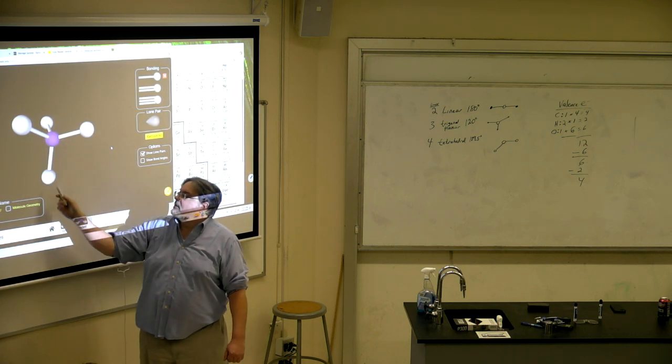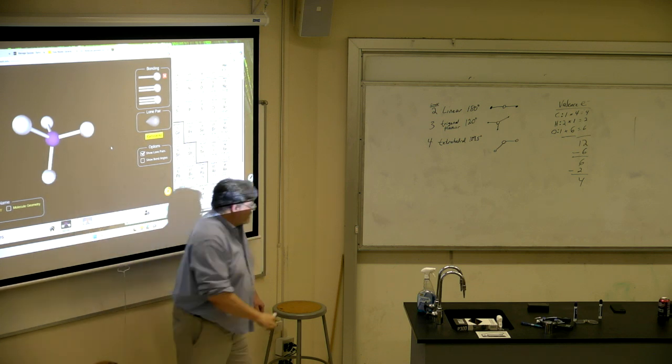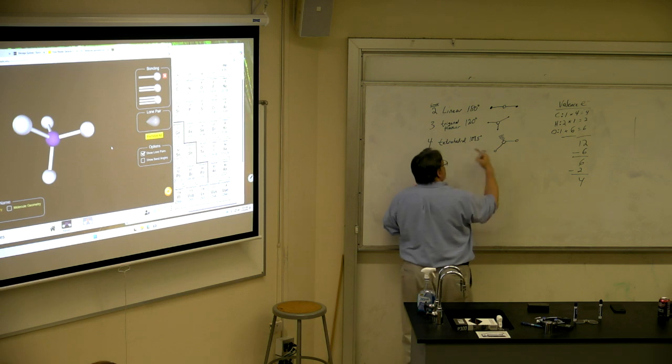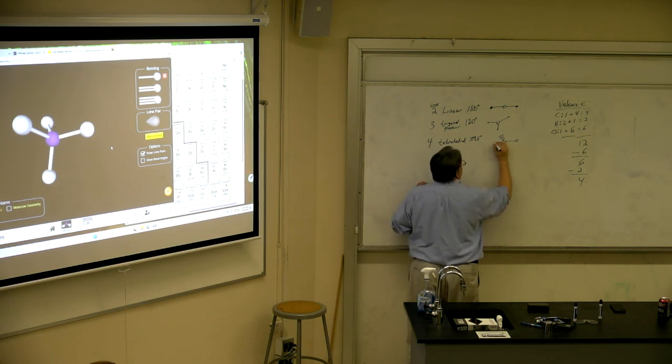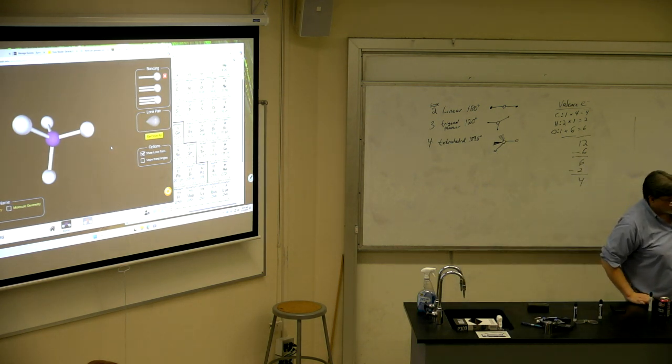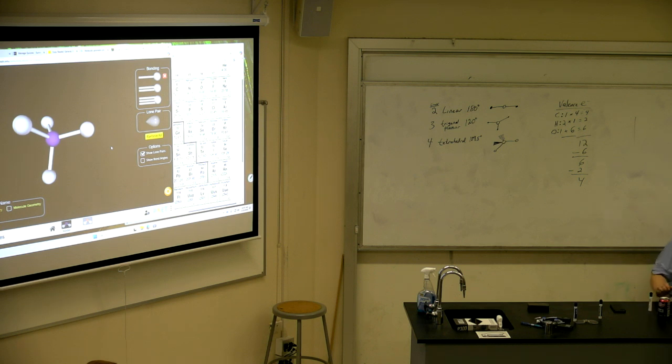And these are all together in the plane of the board. So the way we would do that is we do this dash wedge thing. That indicates the one going behind. And the solid wedge indicates the one coming out. So you can kind of draw it in the plane of the board, but you have to use those little graphic tricks. That's more important next semester too, that dash wedge type drawing. All right, 109.5 degrees. All right, now let me back up.